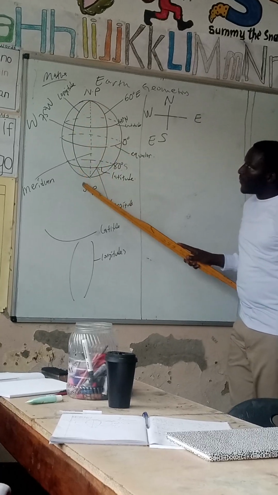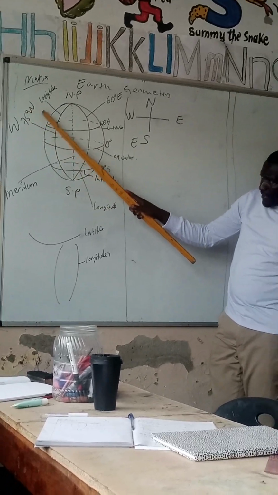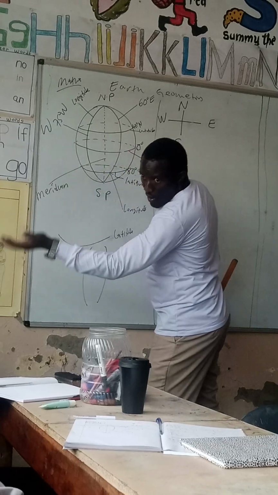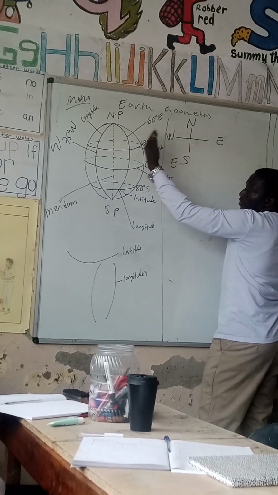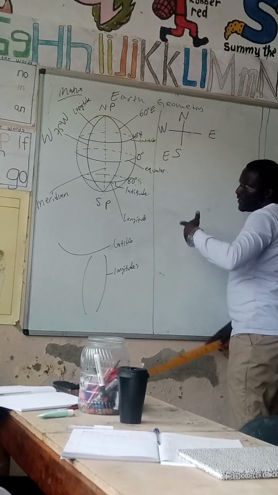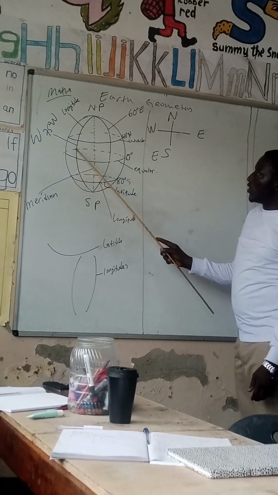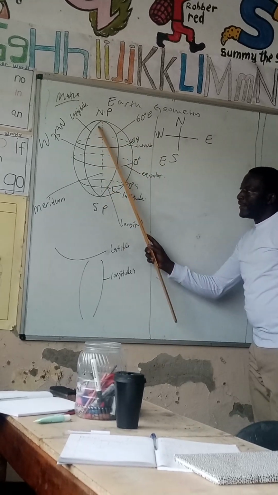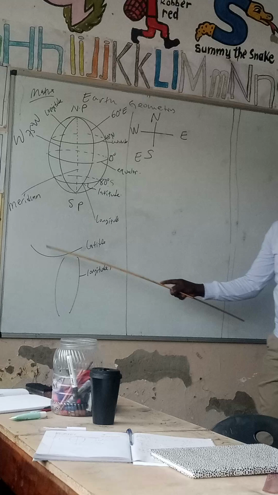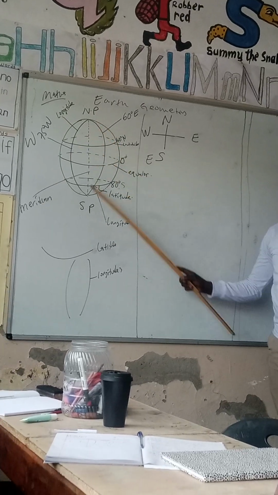I have put 75 degrees west because it's on the west. This other one is 60 degrees east because it's on the east. So the introduction is done. These are called longitudes. They are separated by the meridian. Yes, those who do geography, they understand well.